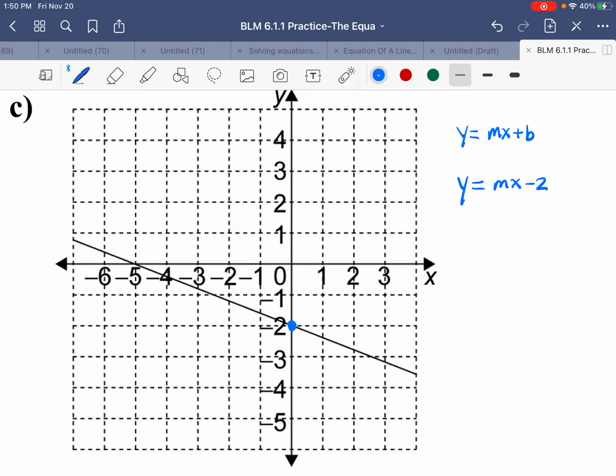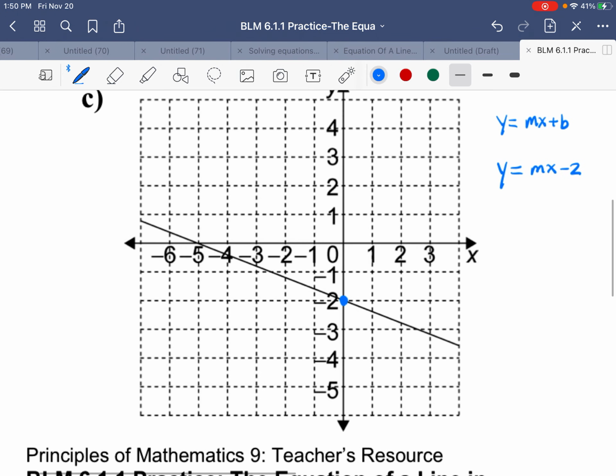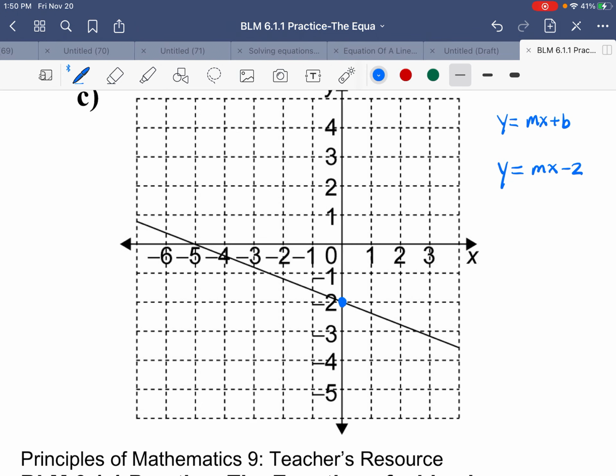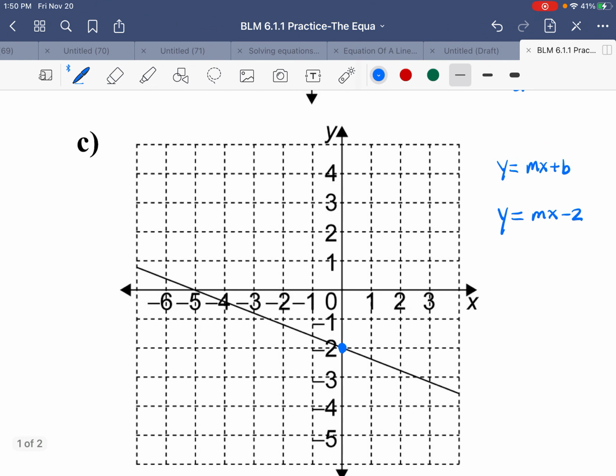And now I'm going to identify 2 points that I'm fairly confident in. Sorry about that, I'm just going to zoom that back up for us. So I'm going to pick this one here because I see that it lands on a corner. But again, you could pick any 2 points. So again, let's go for that walk. It doesn't matter which point you start on.